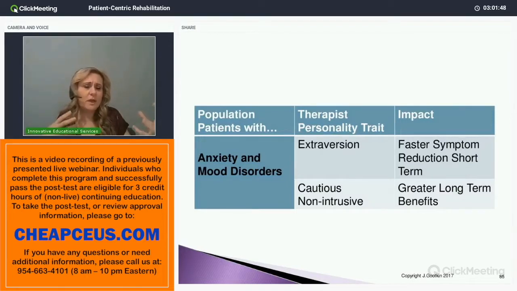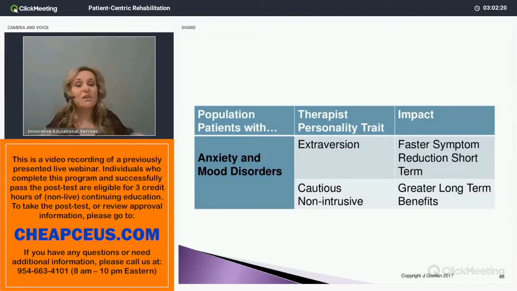That really outgoing, extroverted therapist was able to make really strong short-term gains with those patients. But then they looked long term and found that that gain was not maintained, that the clinicians who were a little more cautious, not as intrusive in terms of gathering information, who went a little more at the patient's pace with developing the bond and expanding to new things, those patients had greater long-term benefits.